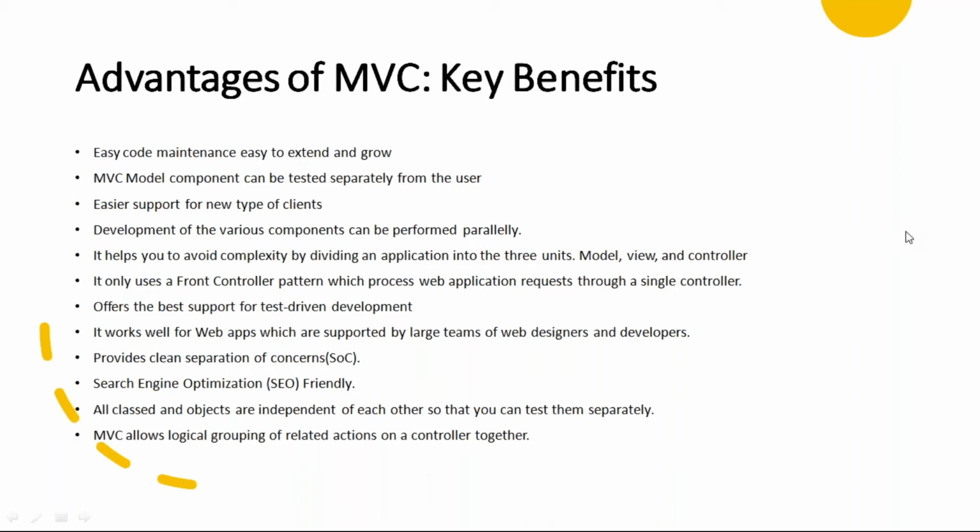It only uses a front controller pattern which processes web application requests through a single controller. So basically, any request coming from the client or coming from the view is processed by a controller. When building an application that is slightly complex, you have a lot of controllers, and each of these controllers performs certain tasks.